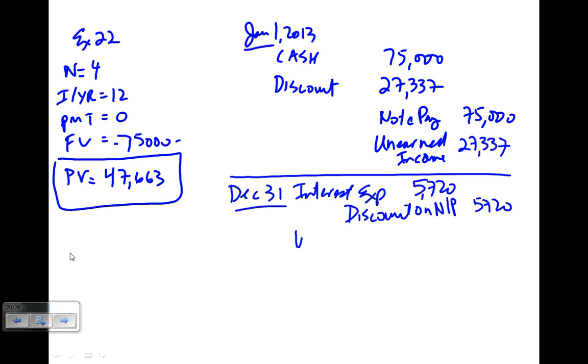In addition, the customer bought some of the inventory, and so unearned income, we're going to amortize that over 5 periods. So that's the 27,337 divided by 5, and that's going to give me 5,467, just a little bit of rounding there.